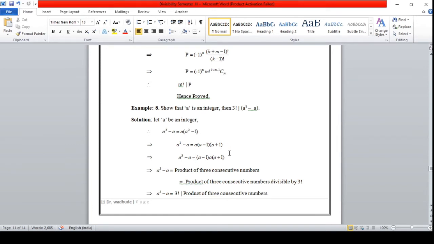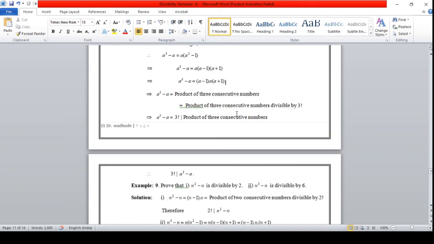We have three consecutive numbers; written sequentially, a minus 1 is the first consecutive number, a the second, a plus 1 the third. This is simply the product of three consecutive numbers, which is divisible by 3 factorial. So 3 factorial is a divisor of a cubed minus a. Example is over.